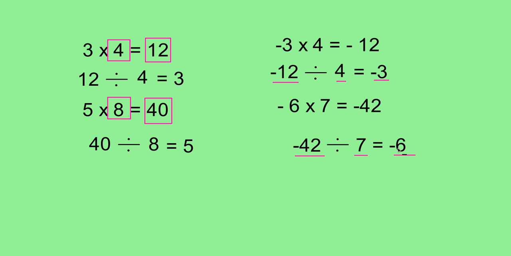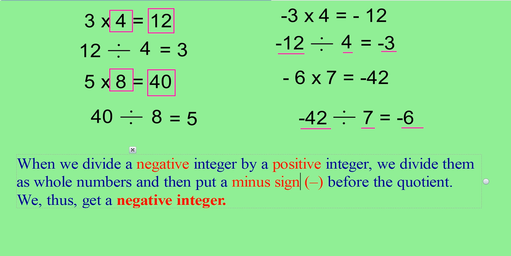That means when we divide numbers with a different sign, the quotient sign will also be negative. So we write, when we divide a negative integer by a positive integer, we divide them as whole numbers and put a minus sign before the quotient. Thus we get a negative integer. That is, a negative integer divided by a positive integer, the answer sign will be negative.